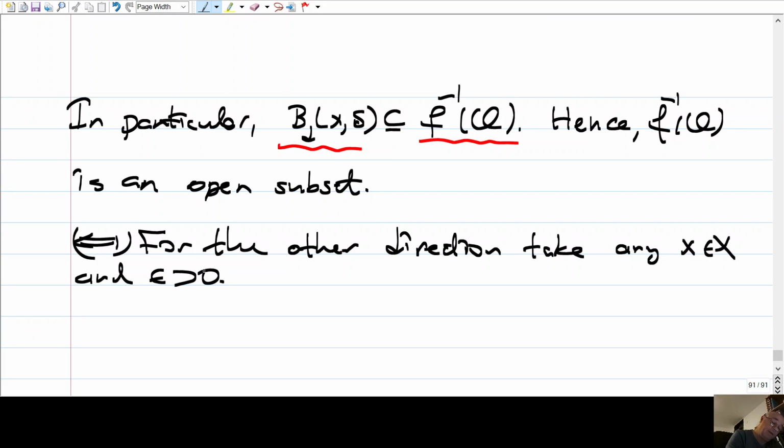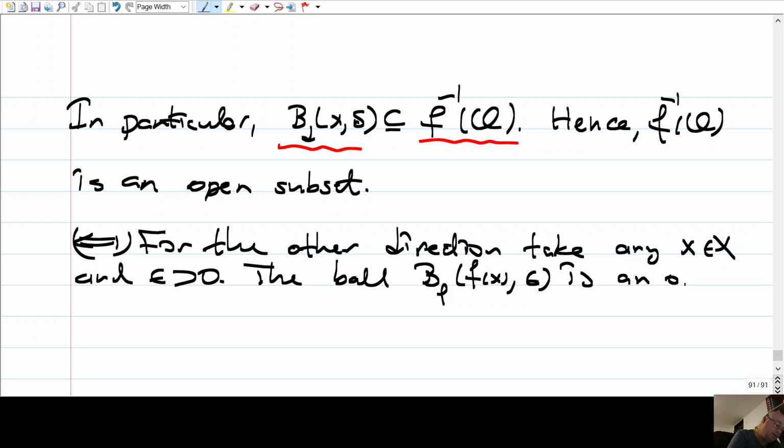Well, the ball in the metric space Y rho with center f of x and radius epsilon is an open subset of Y. And since I am proving this direction, we assume what? We assume that inverse image of every open subset is open.